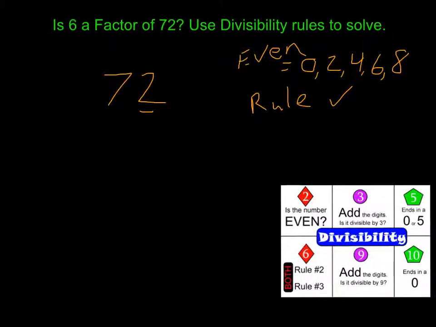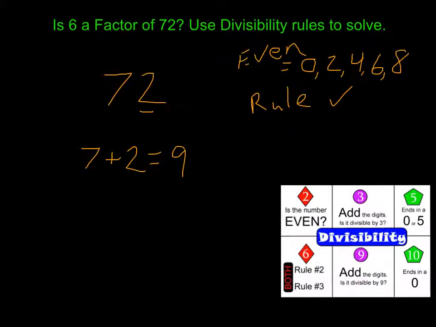So let's look at rule number 3. Rule number 3 says add the digits, and the sum is divisible by 3. So we're going to take the digit 7 and add it to the digit 2, and 7 plus 2 is 9.